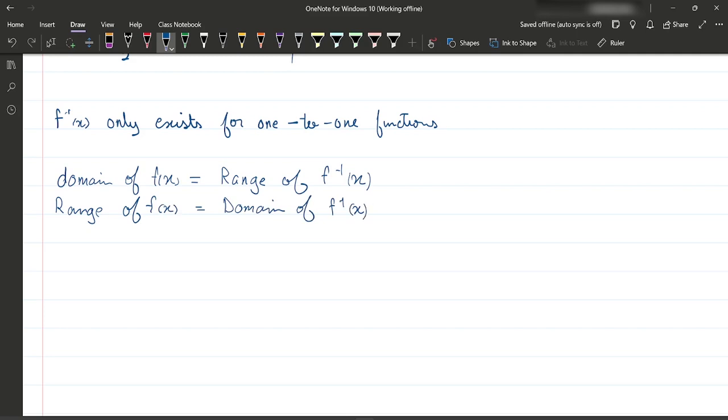This takes it forward, this takes it backwards, so in a way they are connected, and their domains and ranges are also connected.